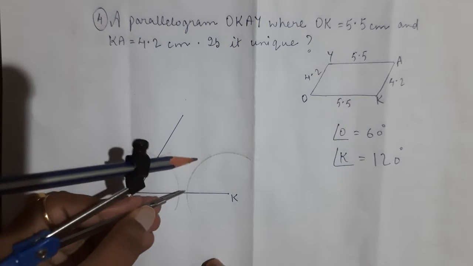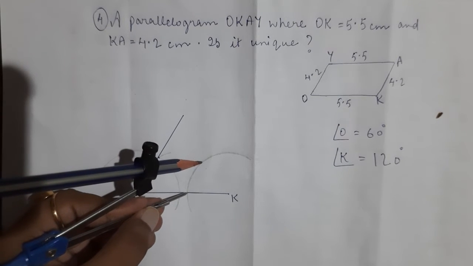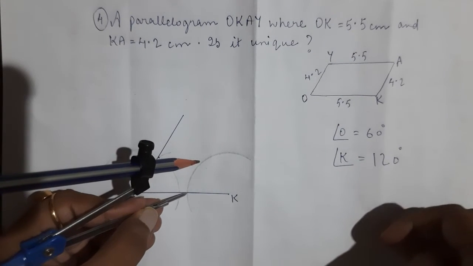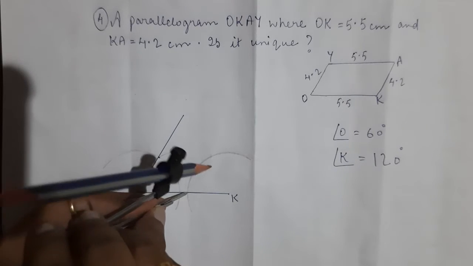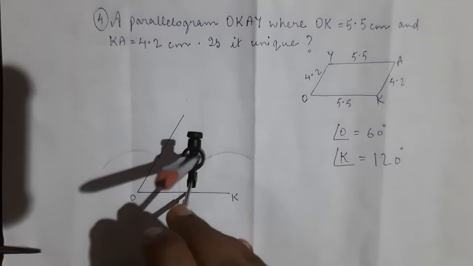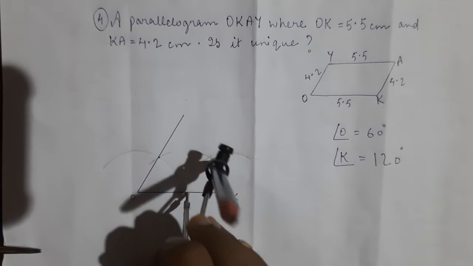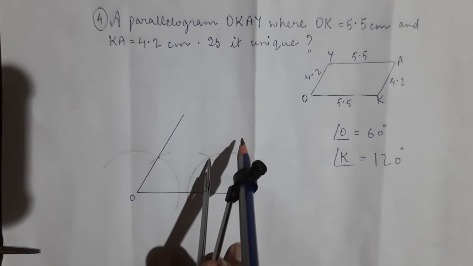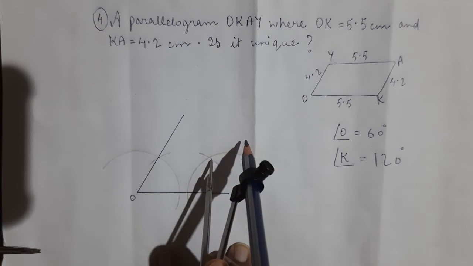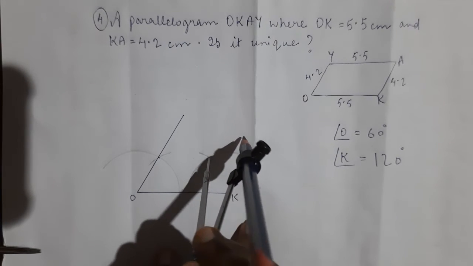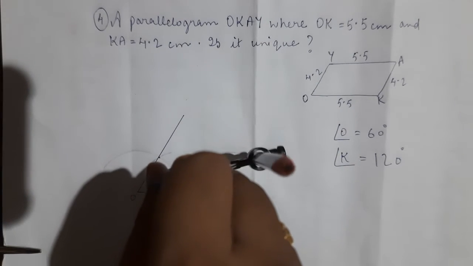Now from this point I will draw an arc like this, and then from this point I will draw an arc here.